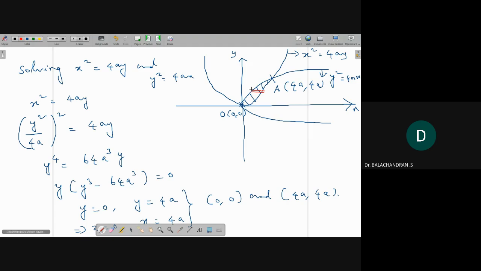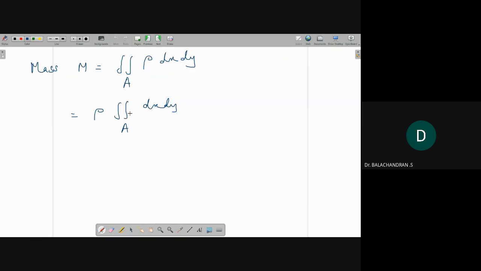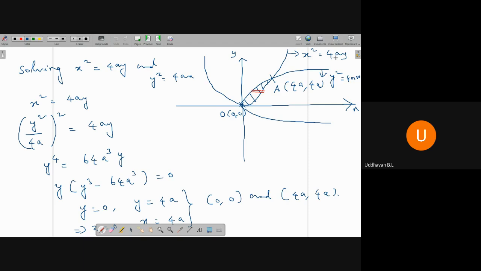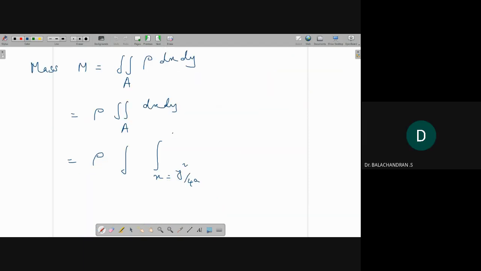What is x here? x varies from y square by 4a to 2 root ay, and y varies from 0 to 4a, into dx dy. So now you should integrate.